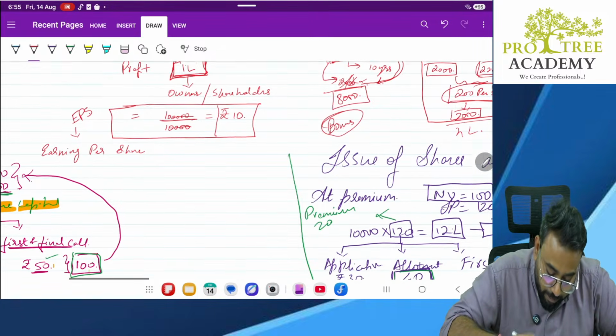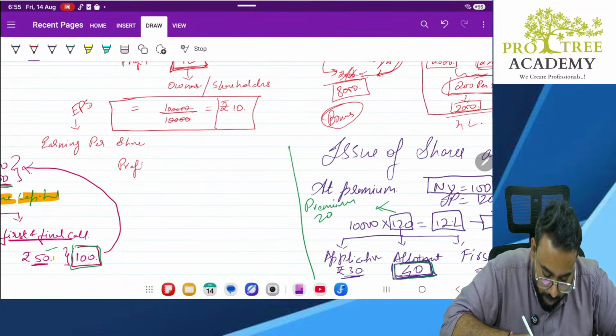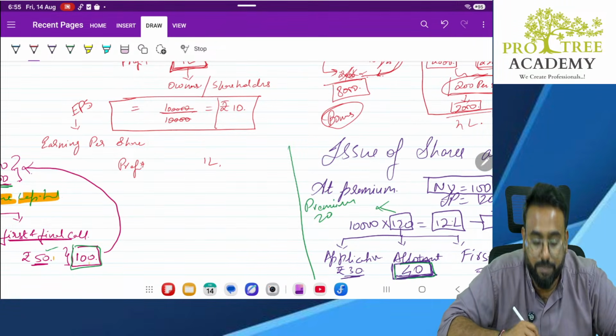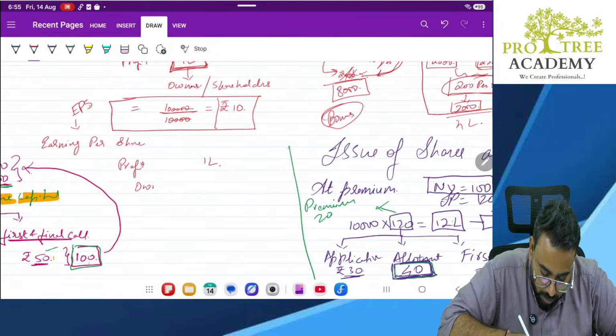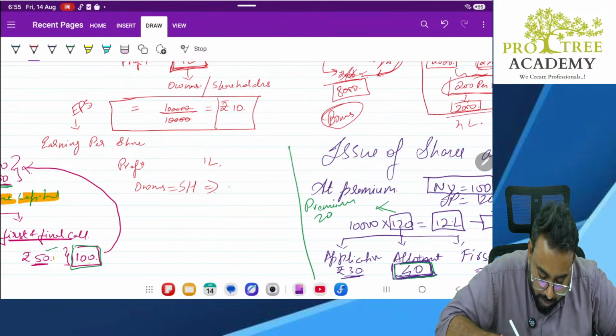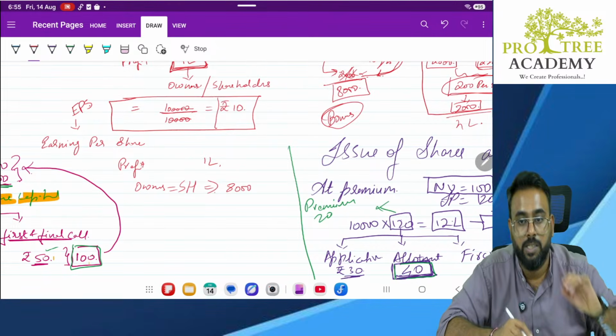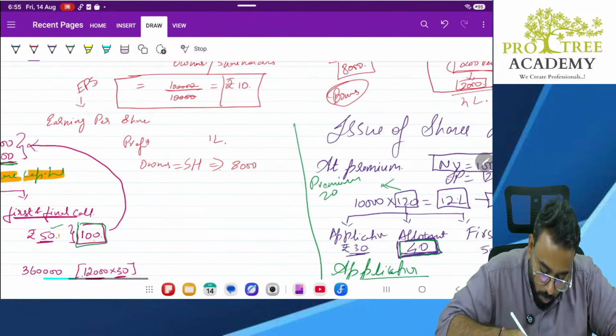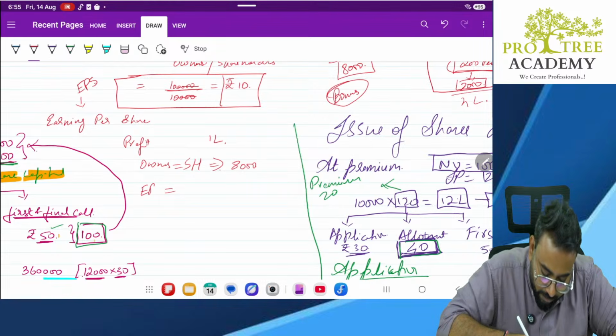Now, same example. Profit is 1 lakh. How many shares? Say 8,000. Now, what is the earning per share?